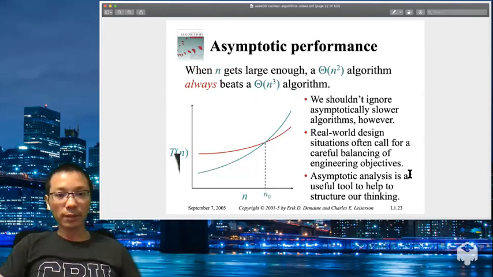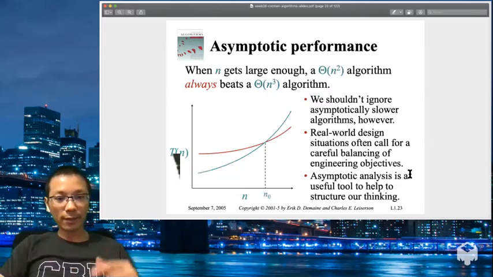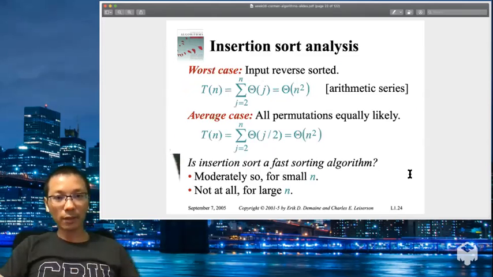This g of n bounds all the functions inside the running time, even those that have different coefficients or constants. It is bounded from both upper and lower. So theta is a tight bound for both upper and lower. We're going to look at the other notations later on, which only talk about upper bound or lower bound, okay?